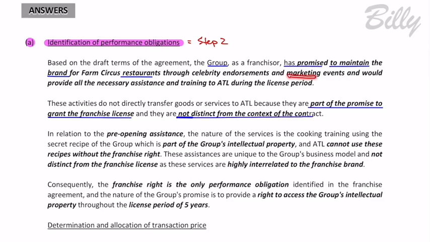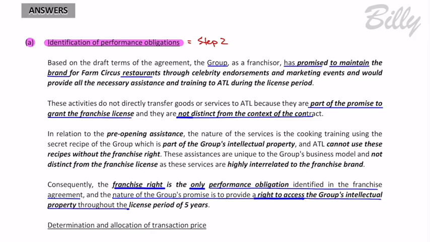The marketing activity, the assistance and training, and the updating of the menus are not distinct in the context of this contract. The franchise right is the only performance obligation identified in this arrangement. The nature of the group's promise is to provide the right to access the group's intellectual property through the license over a period of 5 years.